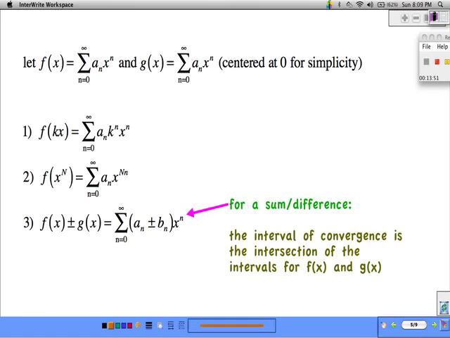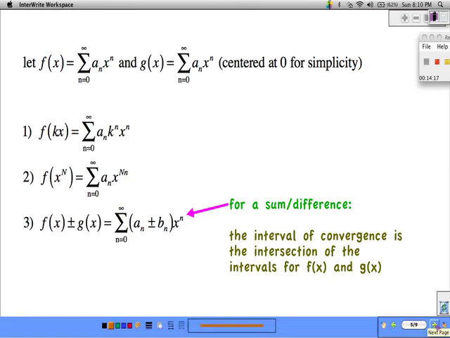I can write a power series of a function of x to an exponent. Or I can write a linear combination of these 2 series. For a sum or difference, the interval of convergence will be the intersection of the intervals for f and g. One thing to note there.